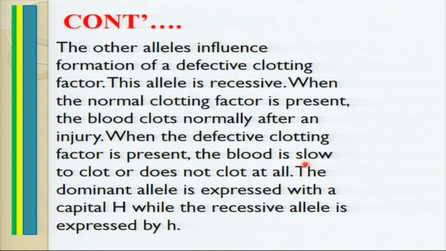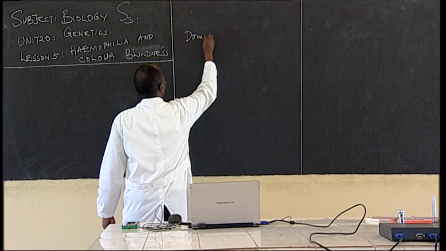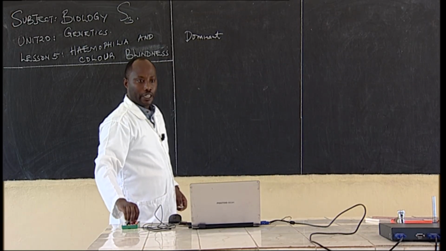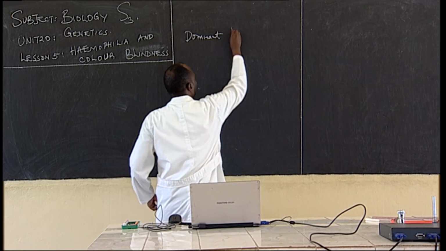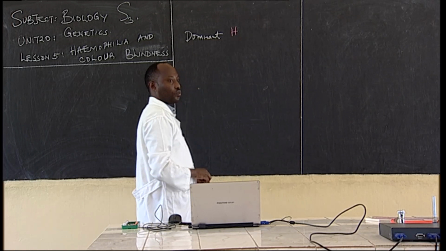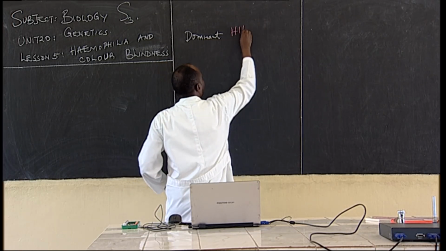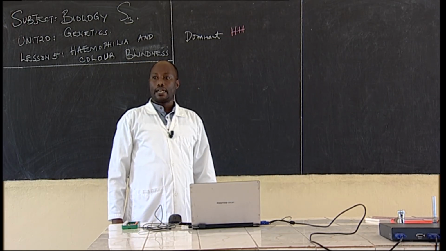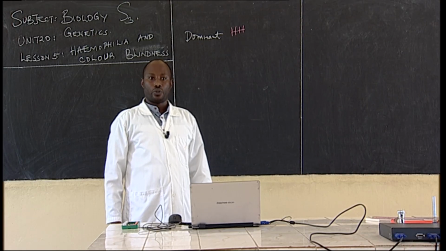The dominant allele is expressed with a capital H, while the recessive allele is expressed with a small letter. If I say a dominant allele for blood clotting, I can use a capital H. When I have HH, this is a homozygous dominant, and that one has a normal clotting factor.